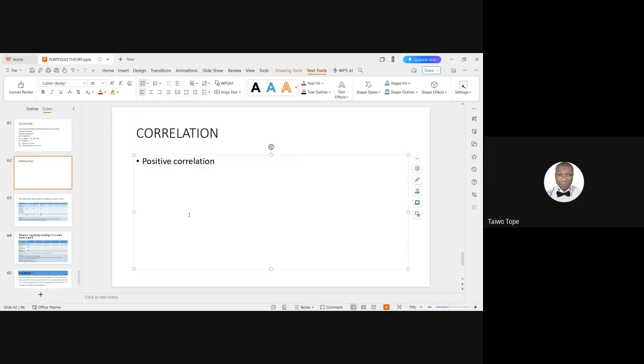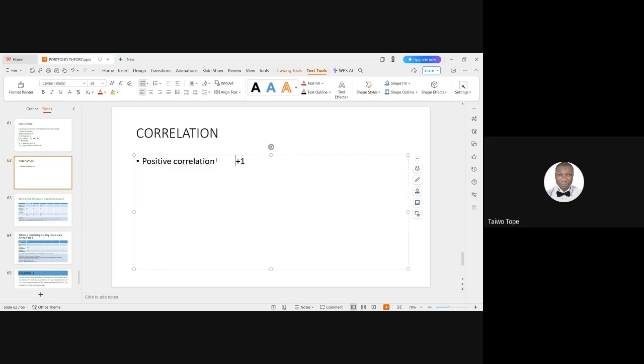So there is a perfect positive correlation when both investments move in the same direction, which shows that their relationship is +1. So when you have a positive correlation, it means that the securities move in the same direction with a correlation coefficient of +1.